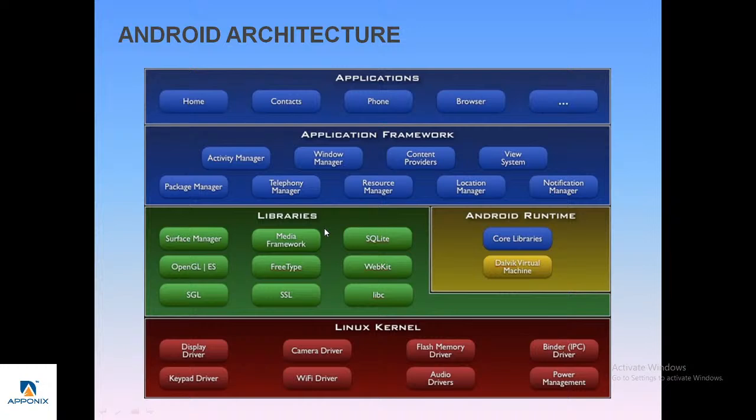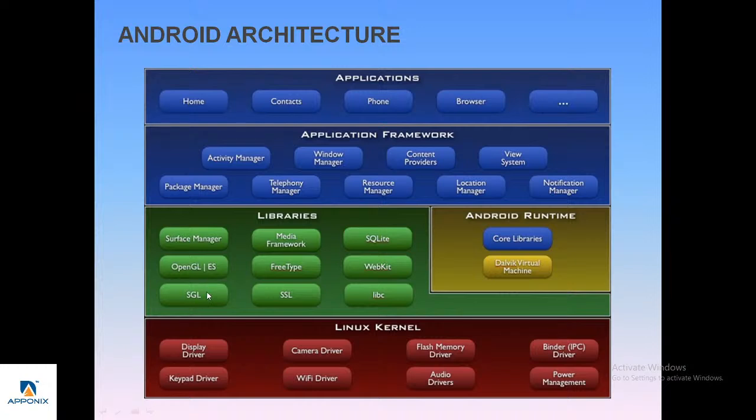Under the libraries we can see Surface Manager, OpenGL ES, that is Open Graphics Library for Embedded Systems, SGL, that is Scalable Graphics Library, Media Framework, FreeType, SSL, that is Secure Socket Layer, SQLite, WebKit, and the libraries.